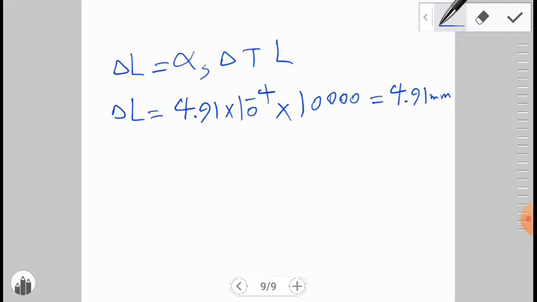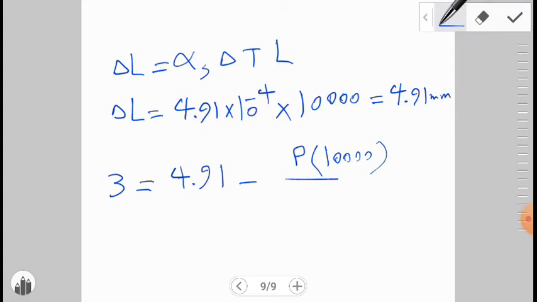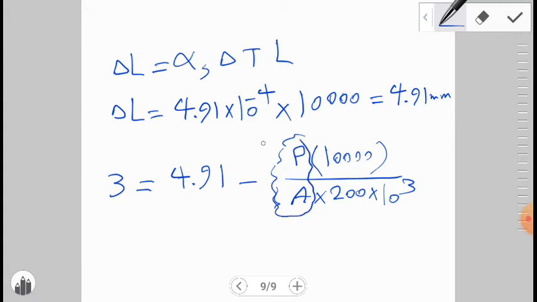That's why here we can say 3 millimeter gap is equal to 4.91 minus P, which is unknown, times L, the length of the member, 10,000, over A times E, 200. We know that P divided by A is sigma.